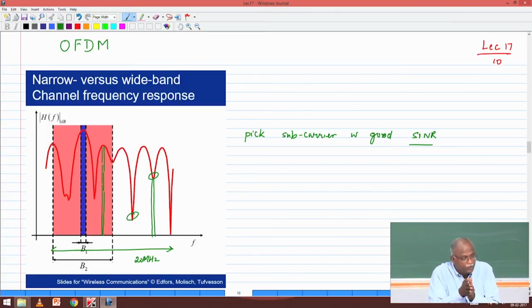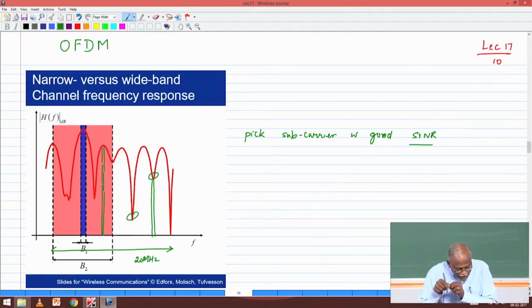Now the multipath components that I see at my current location, when I look at it in the frequency domain, there is a frequency response. And if that frequency response happens to be very bad at that point, it basically means that the phasors are adding in a destructive fashion. So that is why it corresponds to a null.